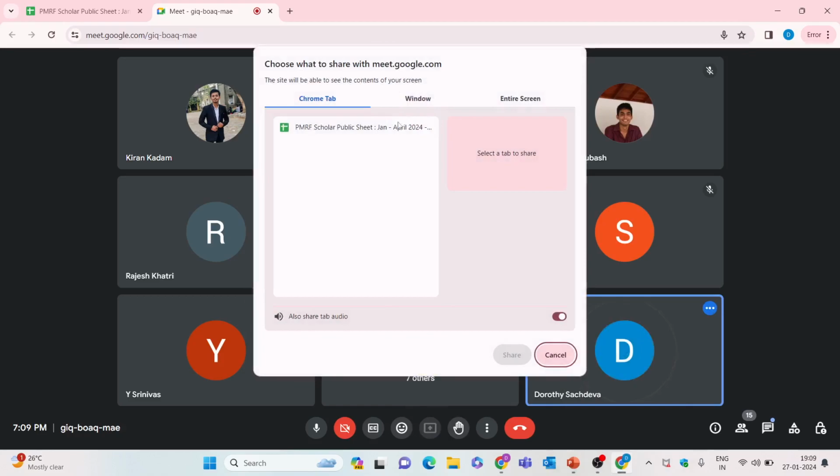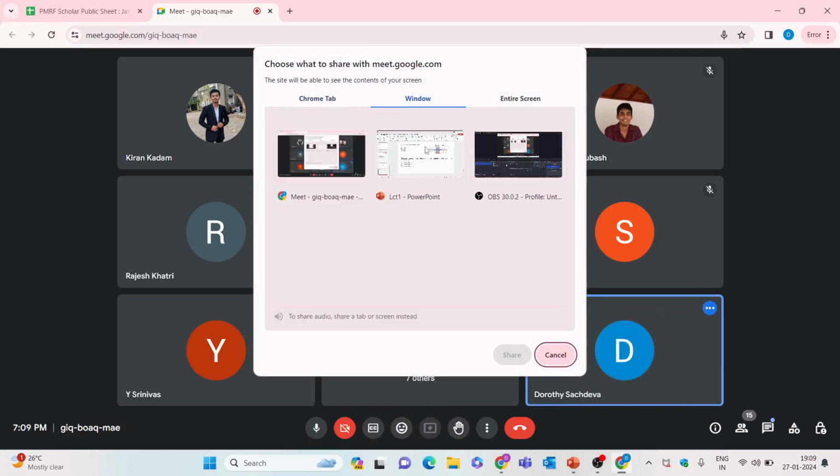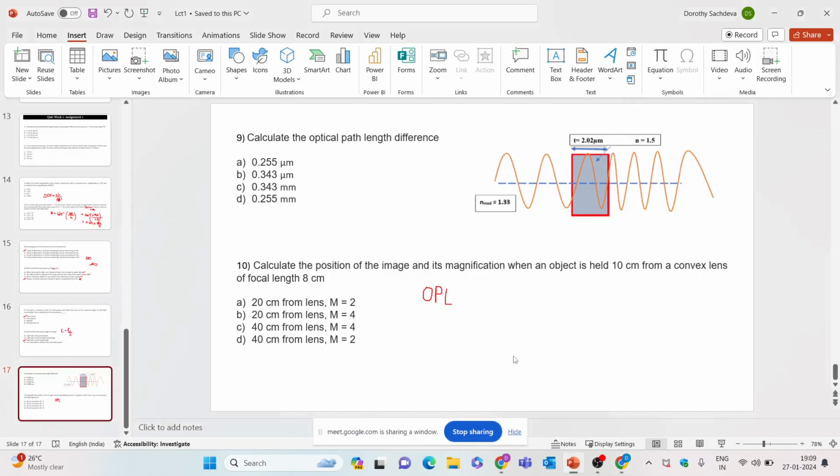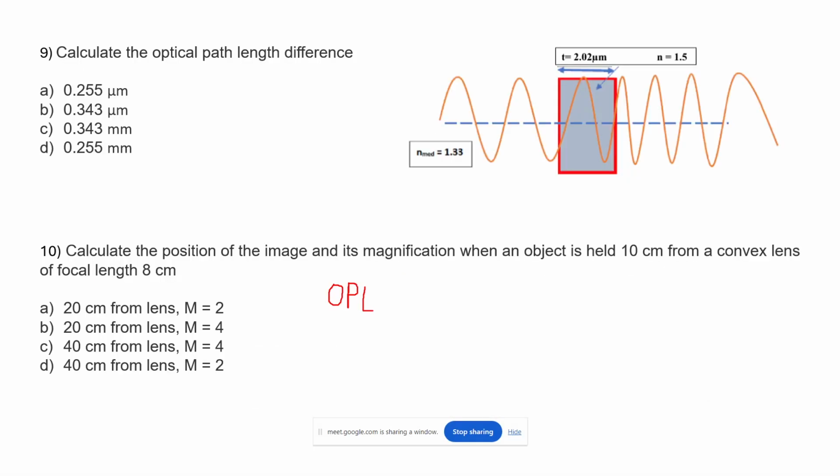Sorry for that. I'll share it again. Are you able to see it now? Are you able to see question number 9 and 10 on the slide?